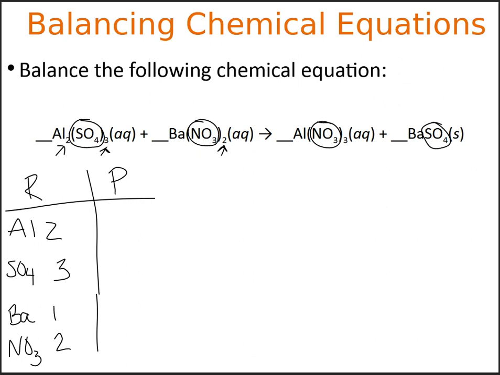So why don't you look at the product side and fill in each of these. So we'll write them in the same order. You can write how many atoms or how many groups of atoms we have for each of these.